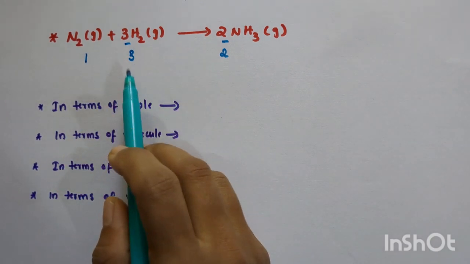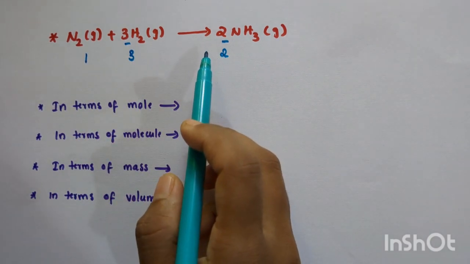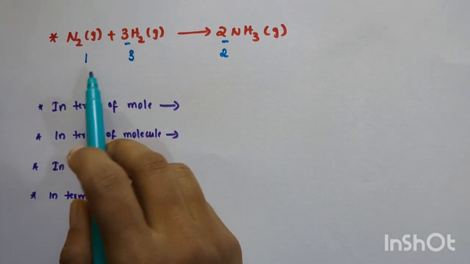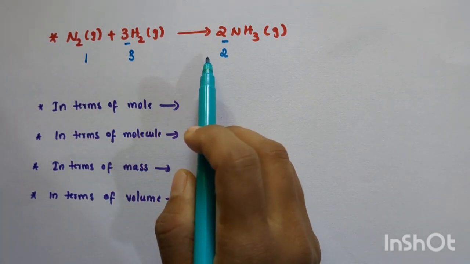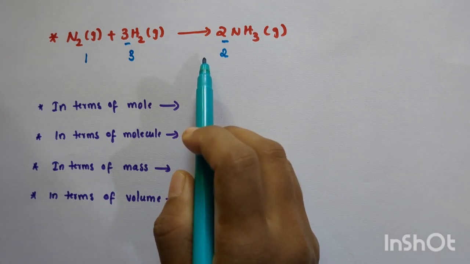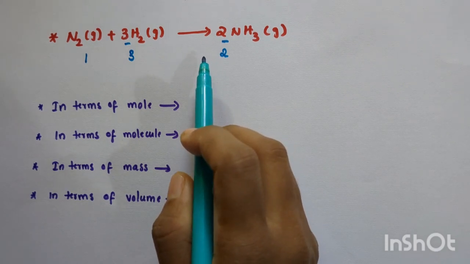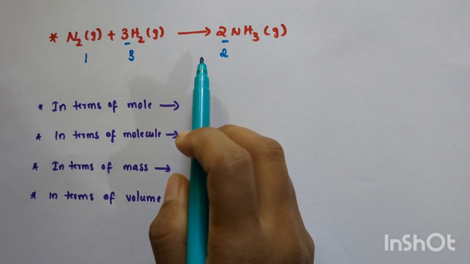The coefficients of reactants and products are called stoichiometric coefficients. So here 1, 3 and 2 are stoichiometric coefficients. These represent the number of molecules or number of moles taking part in the reaction or formed in the reaction.